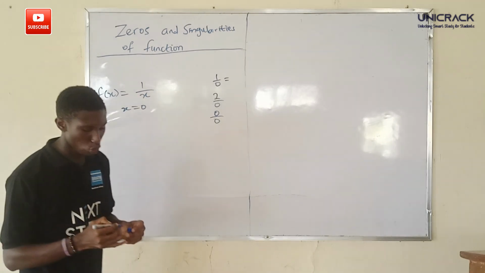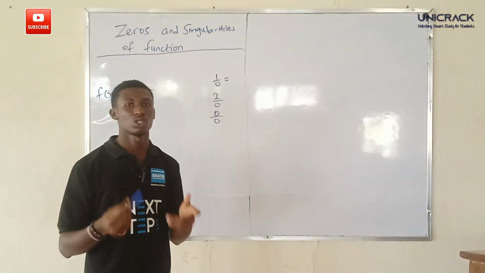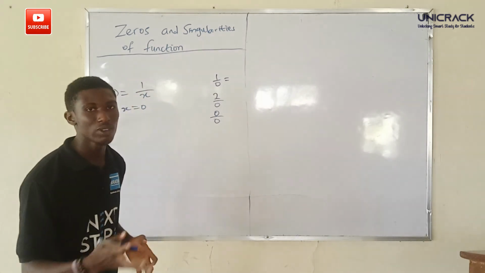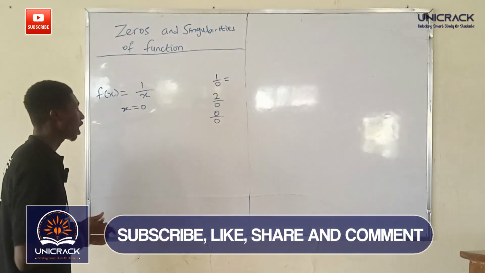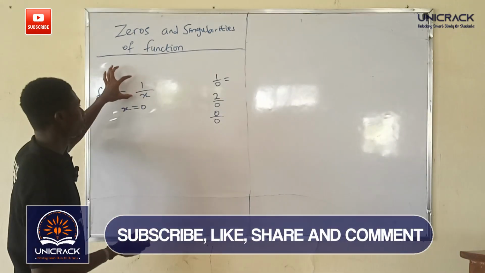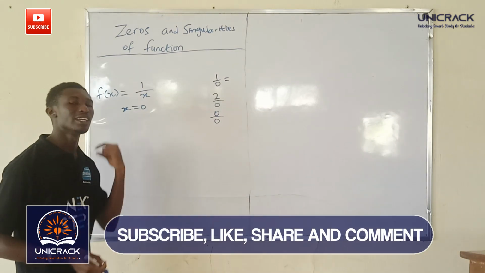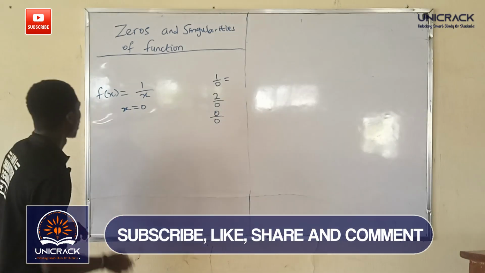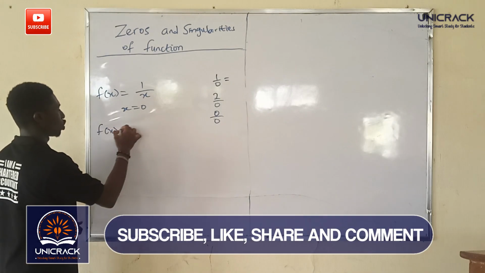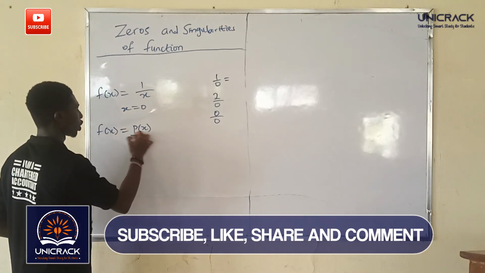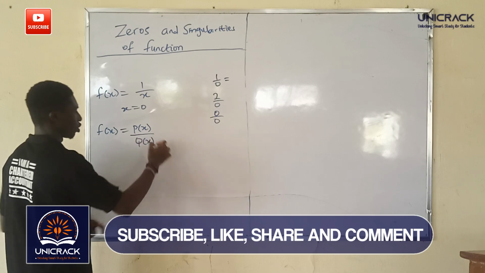Now let's go back to what I spoke about when we were talking about singularities of the function. If you are given a rational function, that means a function in the form of a fraction, f of x equal to p of x over q of x, we did this before.